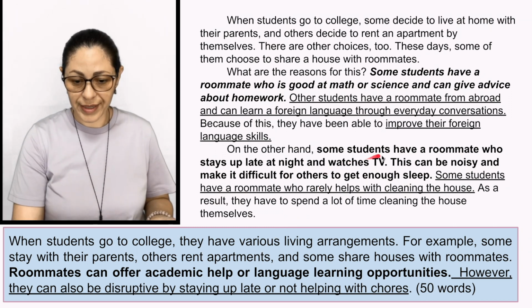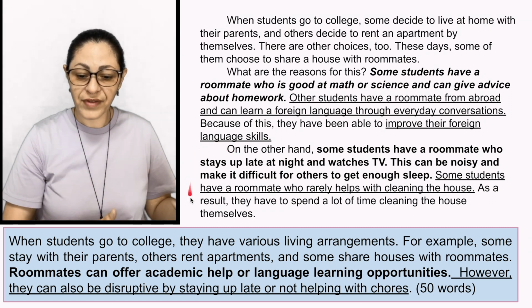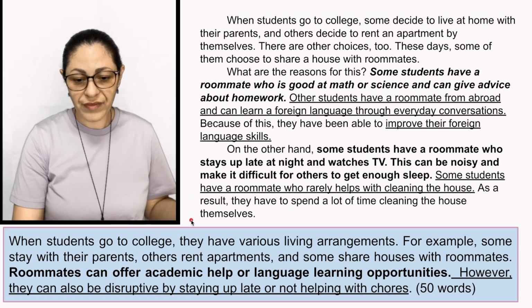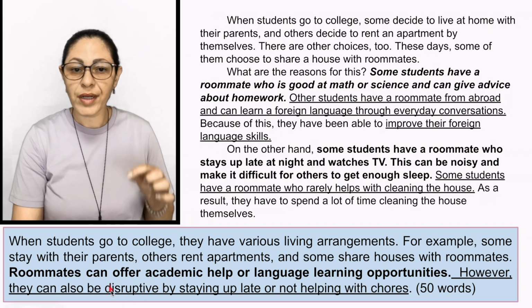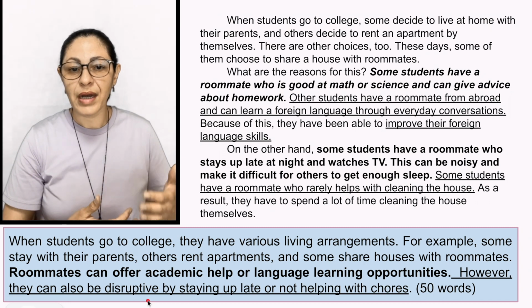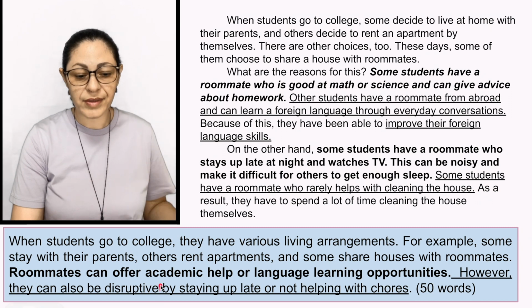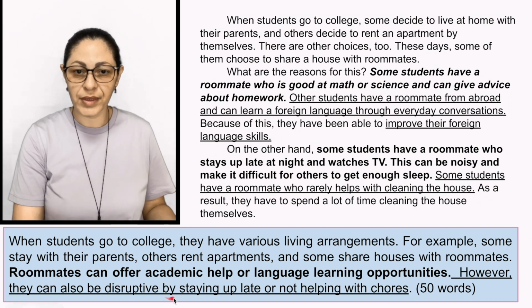And then on the other hand, right, I mentioned right there the disadvantages. It mentions that you can have a roommate who is noisy, right, disruptive, stays up late. So I used the word disruptive. This means that he will somehow bother you, okay? So however, they can be disruptive. How can they be disruptive?